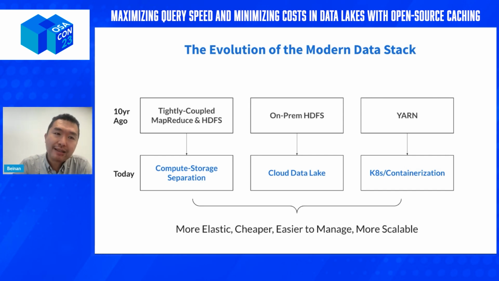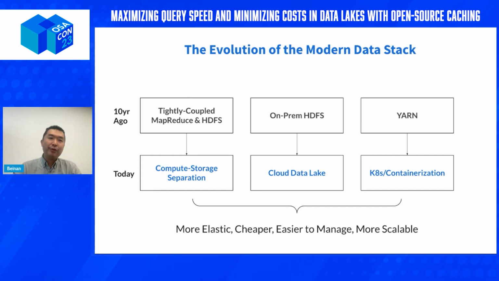But the thing is, after a couple of technical evolutions, we are seeing that the architecture of big data is going toward something we call compute and storage separation. We are separating the compute and the storage, and we are also more often using the cloud data lake, and also using Kubernetes, which means it will be very difficult to co-locate your data with your compute engine.